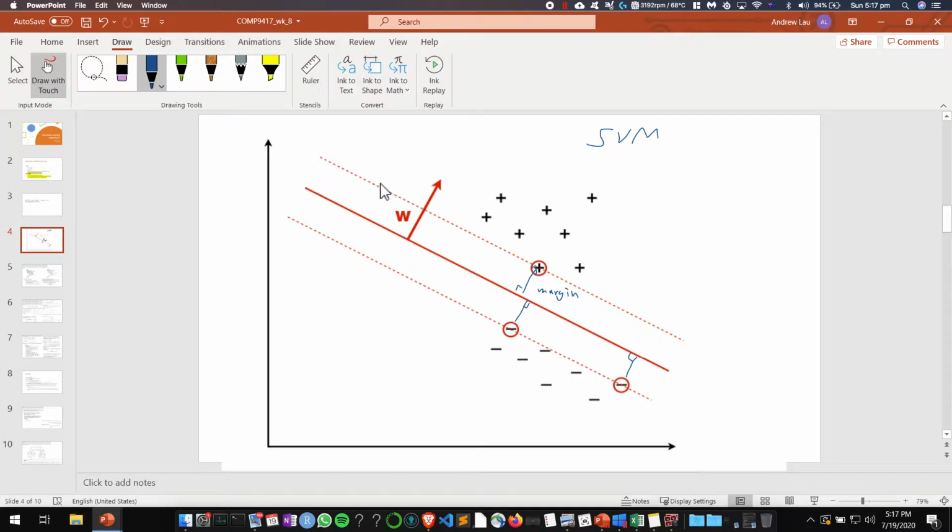The distance between the data point that is closest to the separating hyperplane.